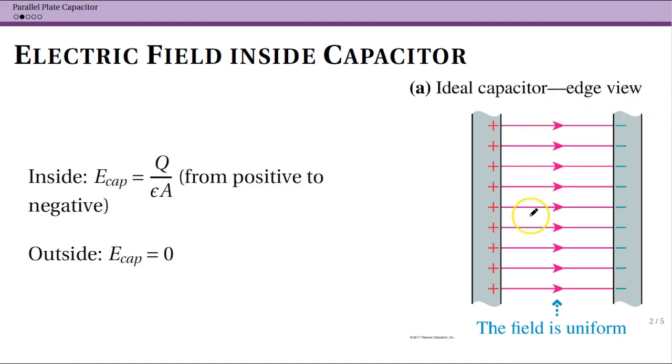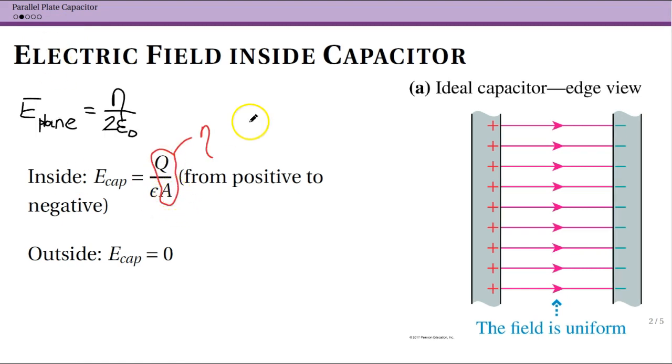First, we have two regions to worry about, inside the parallel plate capacitor and outside. And that just means inside being between the two sheets, outside being on the outside of those two sheets. So inside is the cream filling of the Oreo. The field is Q over epsilon naught A. Now, one thing that Q over A should remind you of is eta, surface charge density.